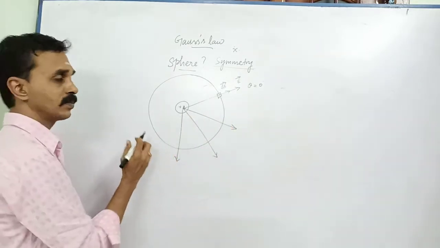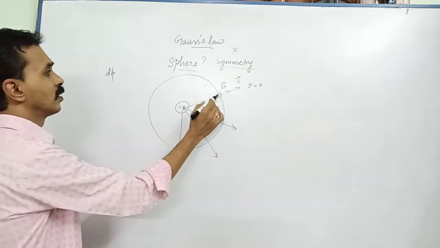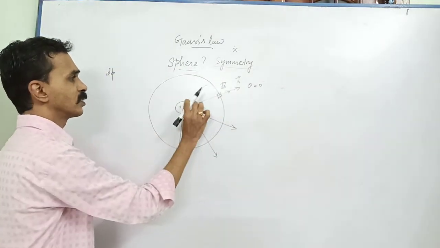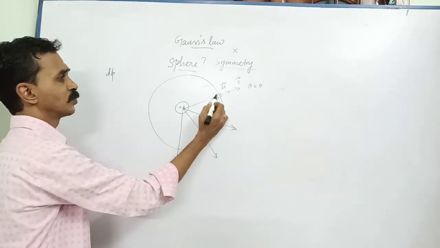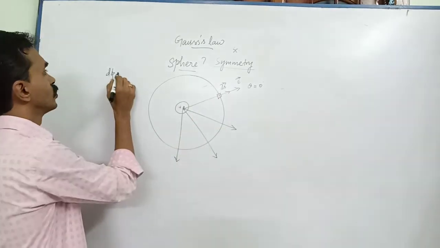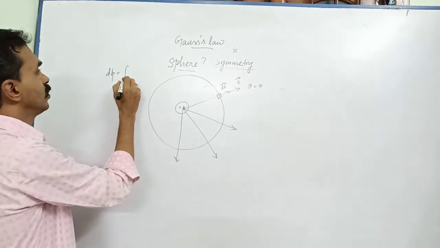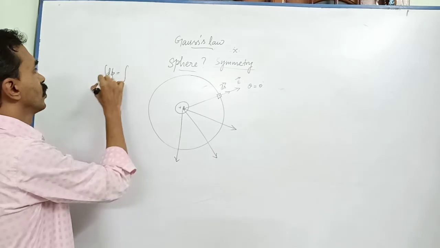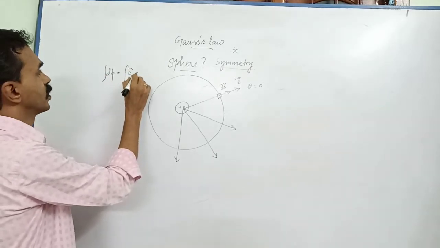So we know d phi, a very small amount of electric flux, passes through this infinitesimally small area ds. So that is equal to the integral of E vector dot ds vector.